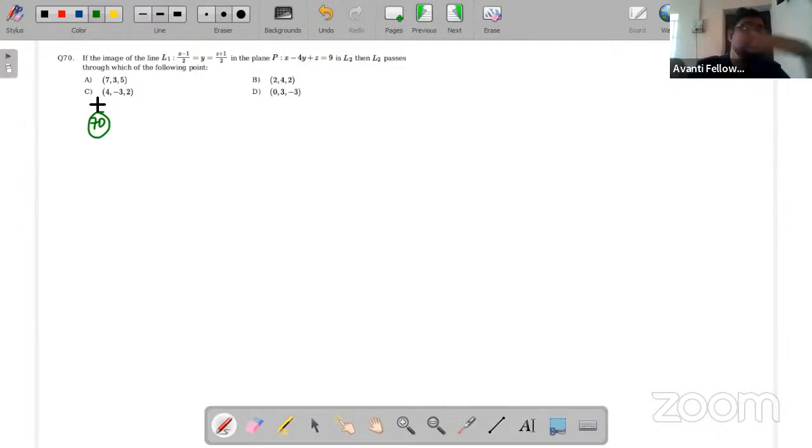So if you remember, if a point is A(x1, y1, z1), and the plane is ax + by + cz = d, this is some plane P, and some point is given.